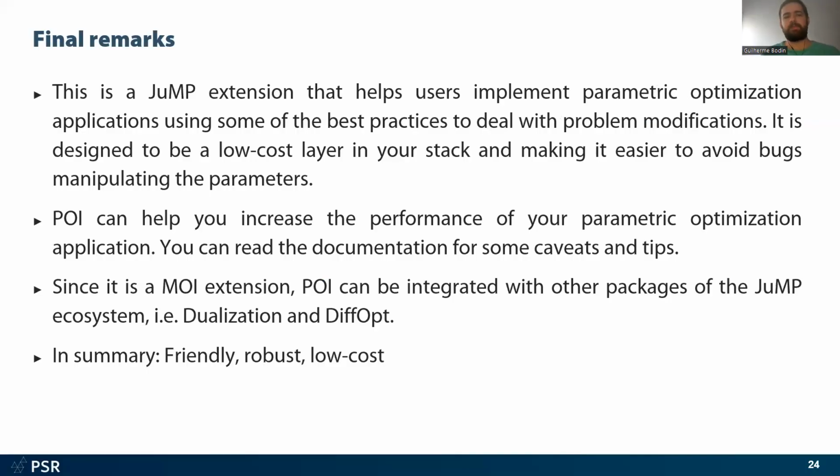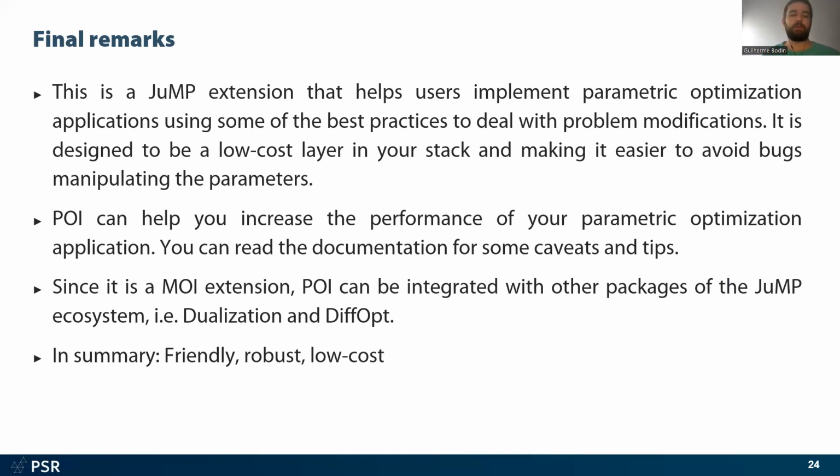And just to say some final remarks, this is a JuMP extension that helps you implement parametric applications. The idea is that it allows you to use the best practices, avoiding bugs when manipulating parameters. So this is one of the main messages.